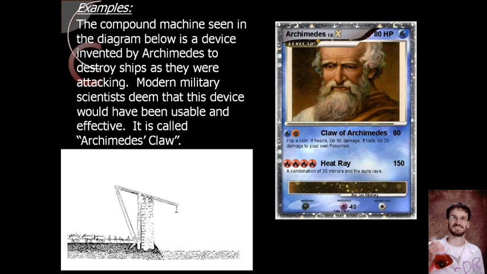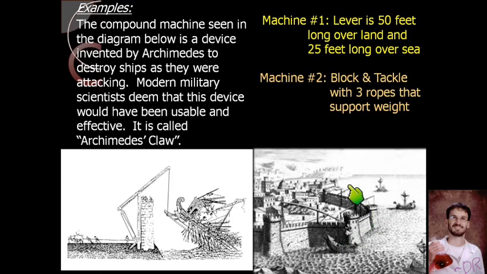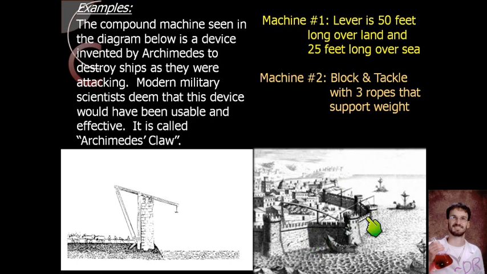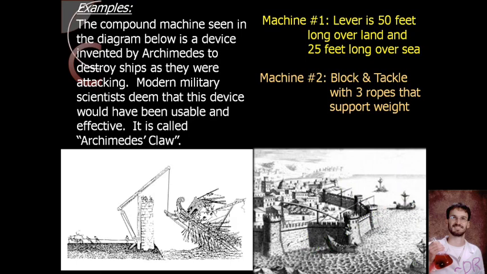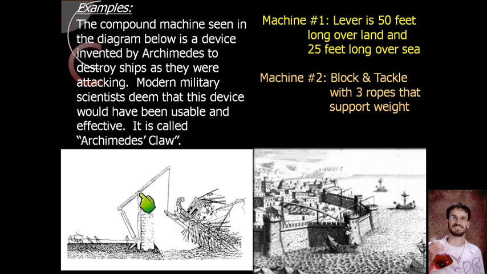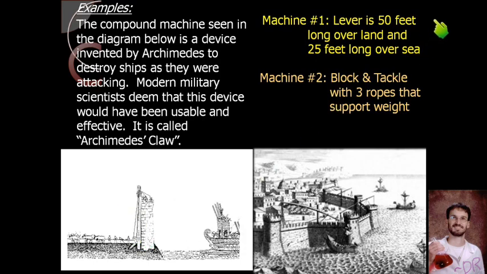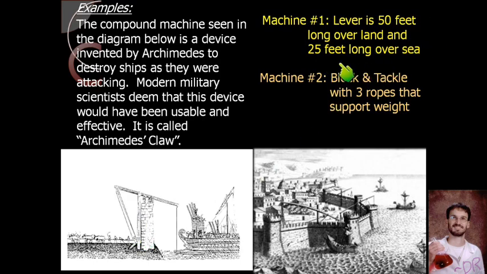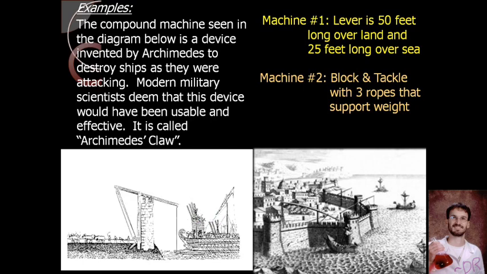Well, how would this work, and what would the mechanical advantage be? So here's a little sketch of all of these things set up, all these Archimedean claws set up around the perimeter of the city, and maybe these boats trying to attack here. So if machine 1 was this lever, and machine 2 was the block and tackle system of pulleys over here, if the lever is 50 feet long over land and 25 feet long over sea, the input side would be the 50-foot side, the output side would be the 25-foot side.